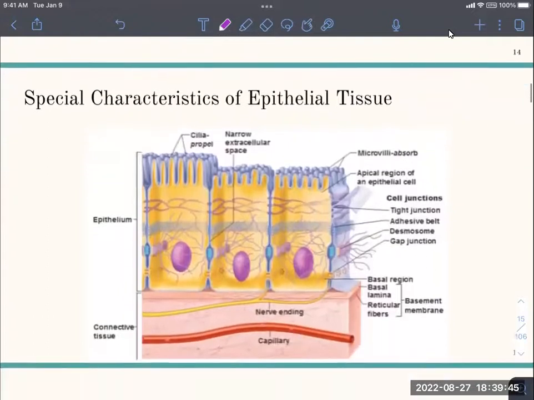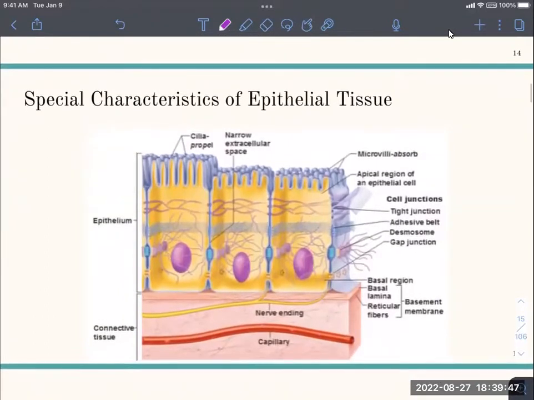So here's our example. We have our basement membrane through here. We see we have a blood vessel. This blood vessel stays in the connective tissue. We have a nerve. This nerve is going up into that epithelial tissue.